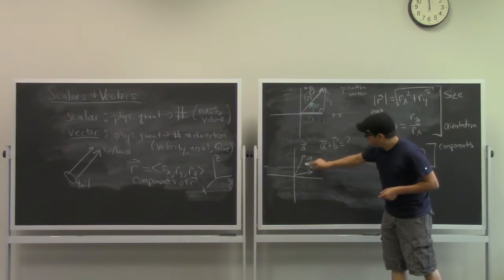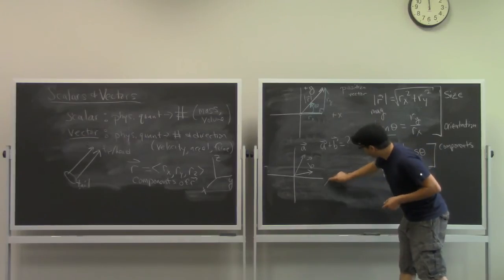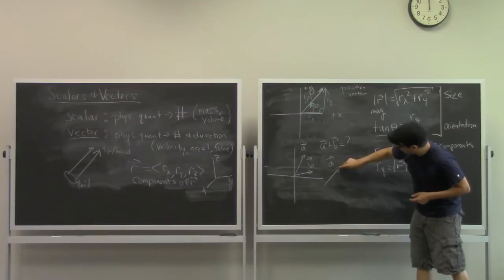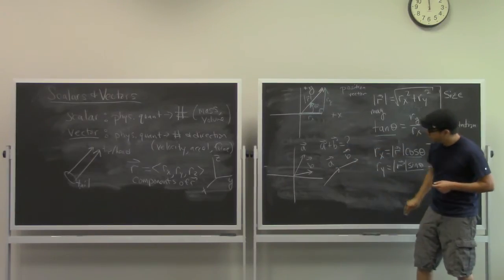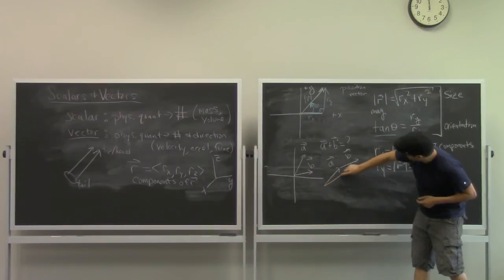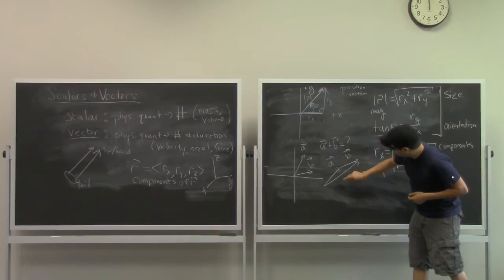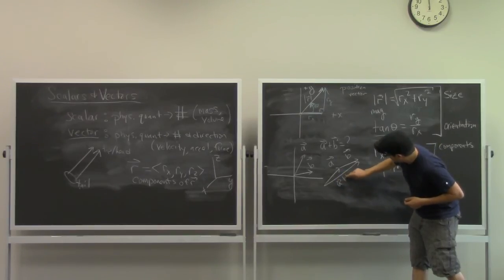We'll put the tail of B at the tip of A. So if we draw A like this, and we draw B like this, this is the tip-to-tail method, then the resultant, or the vector which points from the tail of A to the tip of B, is the sum of A and B.